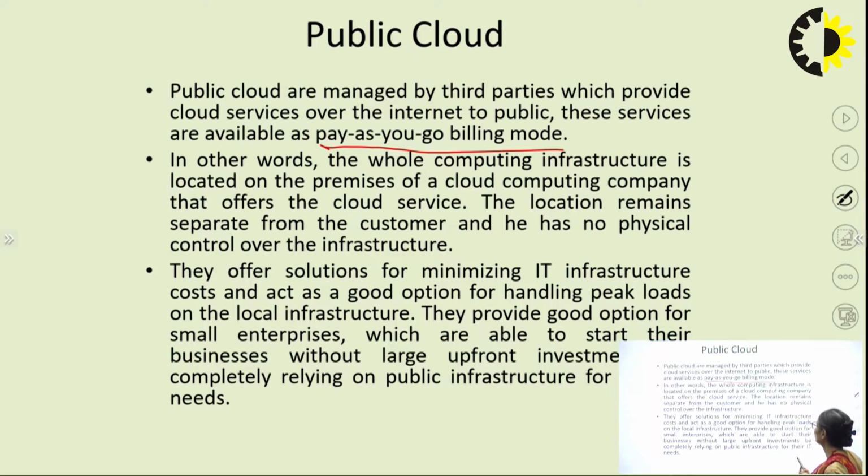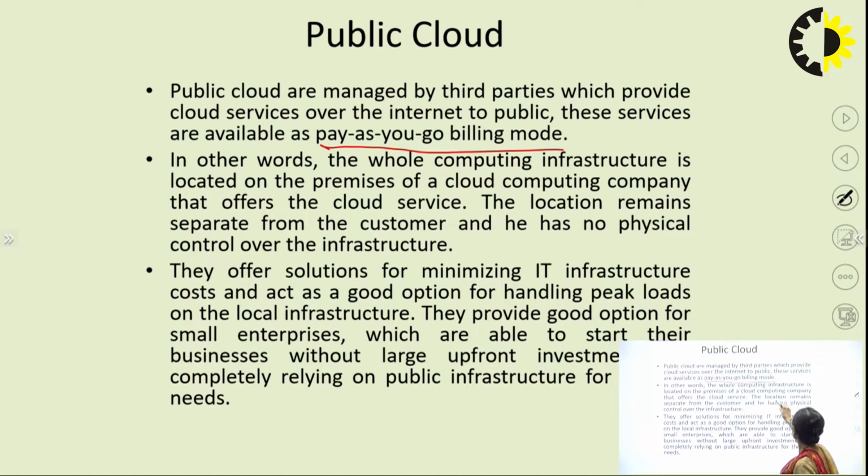In other words, the whole computing infrastructure is located on the premise of the cloud computing provider that offers the cloud services. These services are not available on the premise of the customers; they are hosted or installed on the premise of the cloud service providers, and the users use these services with the help of specific user logins and passwords which the CSPs provide to the customers.